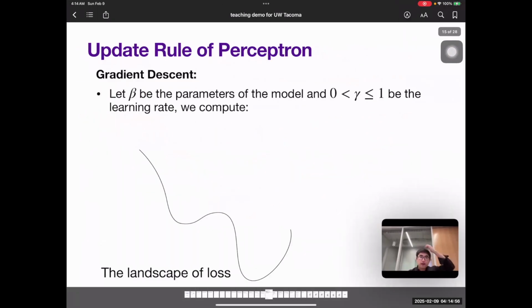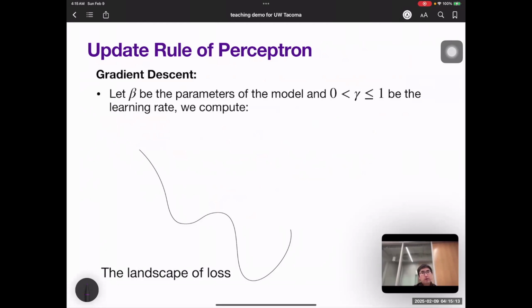After we define this cost function, a typical way to use the machine learning model is to find the parameters beta and beta naught so that it can achieve a much smaller error or loss over the data set. One typical way is using the gradient descent algorithm. It is defined on the parameter of the model, which we call beta here, and gamma is the learning rate.